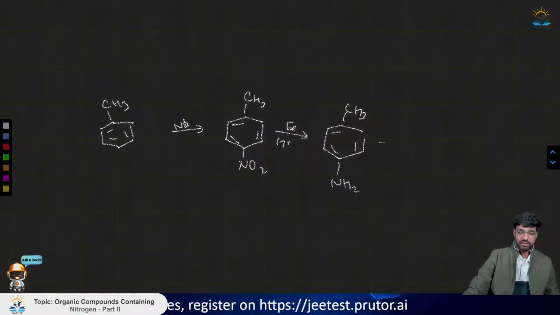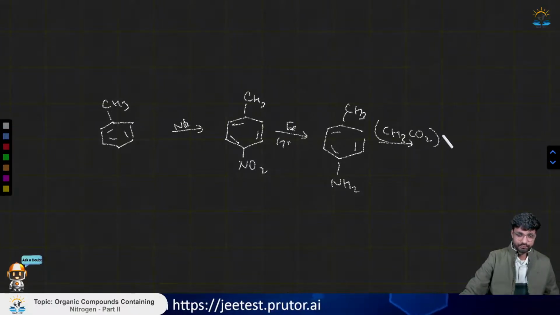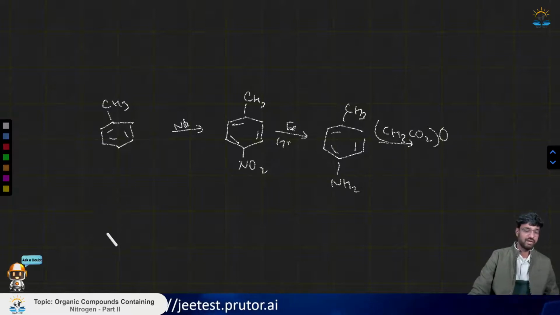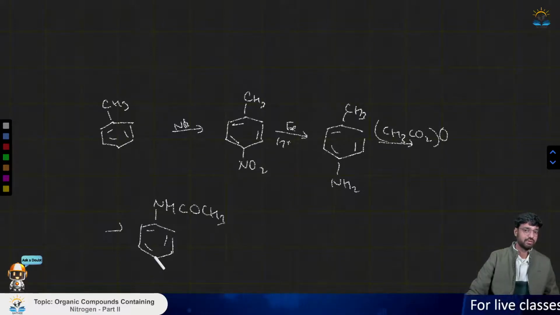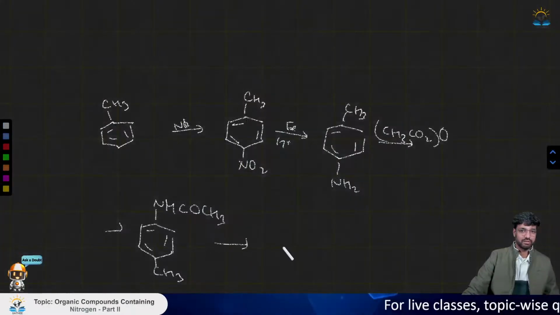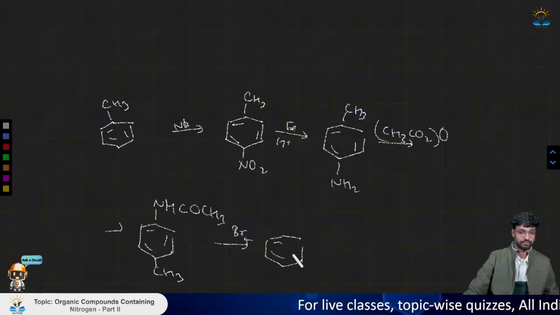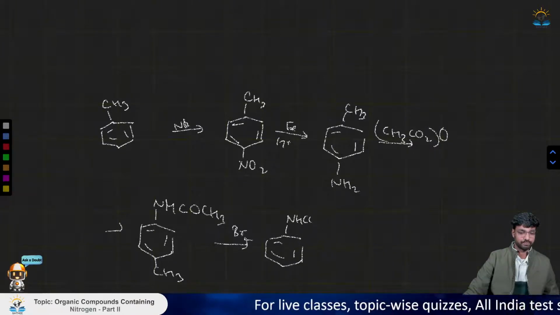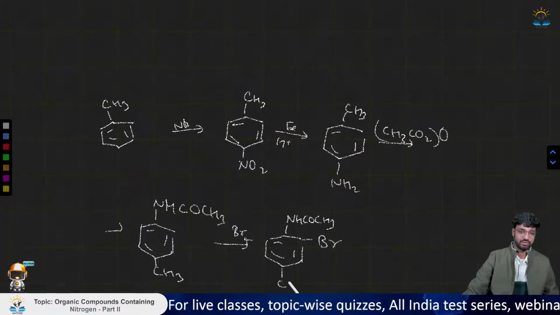Then next we are introducing an anhydride group. So what will happen in the next step is that, I'm just inverting this compound. It will look like this, and CH3. Then we are doing this bromination. So it will give you a para substituted one.